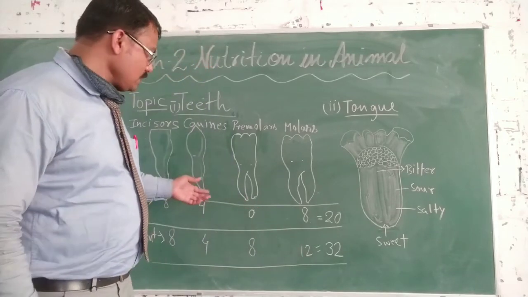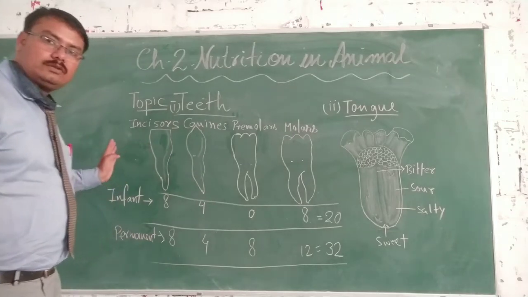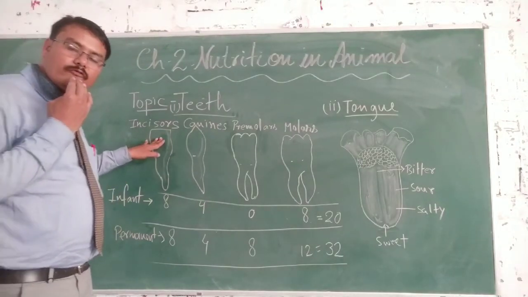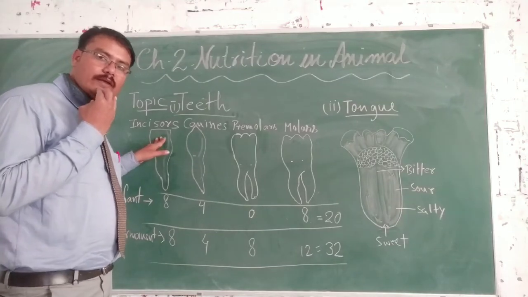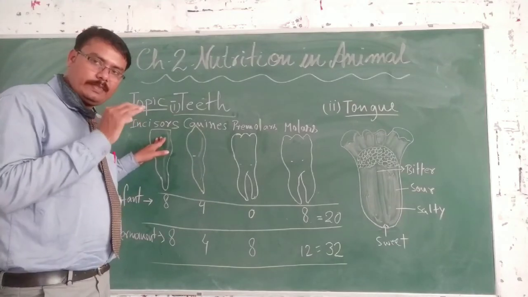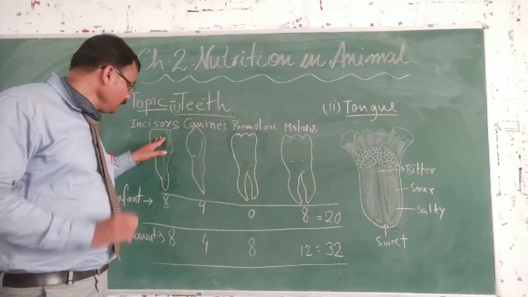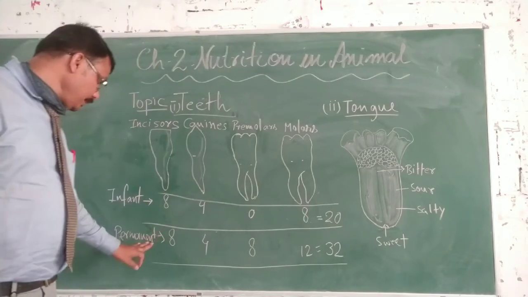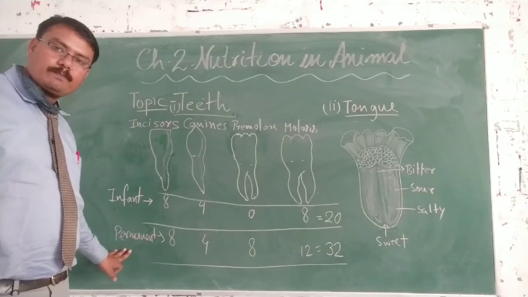So students, you can see I have drawn the diagram of the teeth. This is an incisor. The front 4 teeth in the lower jaw and the front 4 teeth in the upper jaw help in biting. That is 8 in number in infants, and 8 in number in permanent teeth also.